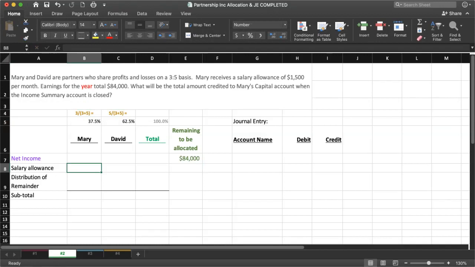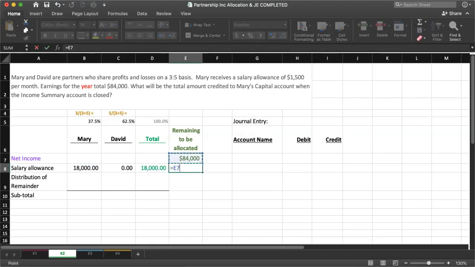Well, Mary gets a salary allowance of $1,500 a month, but there are 12 months in a year. So Mary's salary allocation is $18,000. There's no indication of anything going to David, so he doesn't get a salary allocation. So the total for the salary allowance is $18,000.